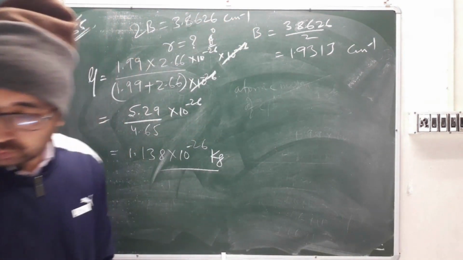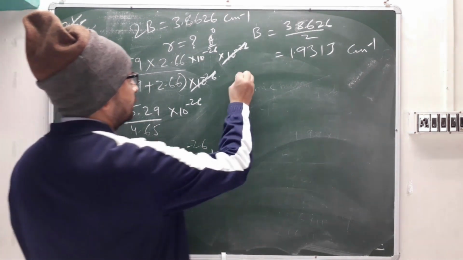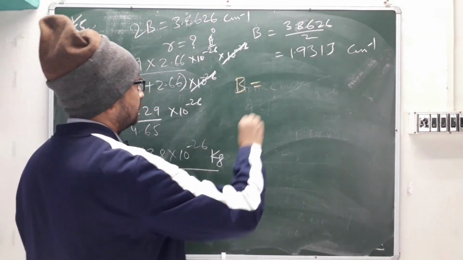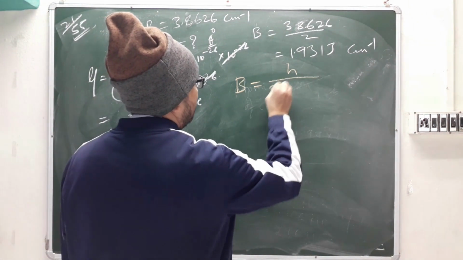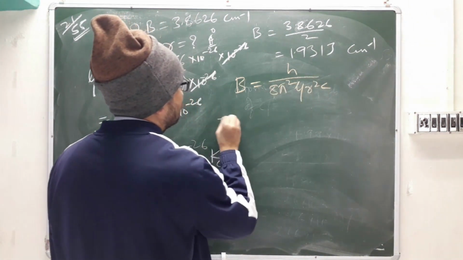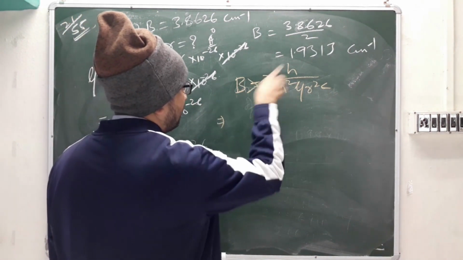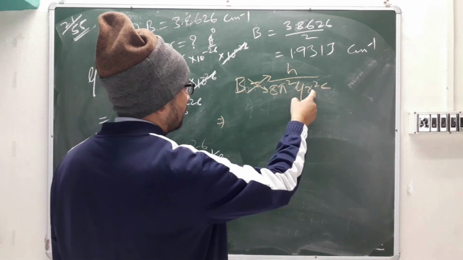Okay, so we'll just calculate it. B is h / 8 pi square mu r square c. We know the B value, so we'll just cross multiply. What will be the value for r square?